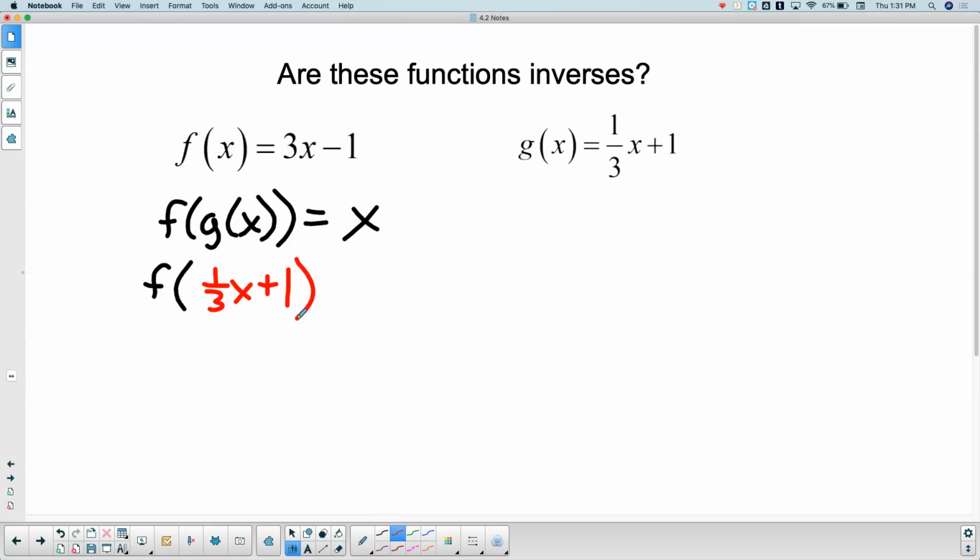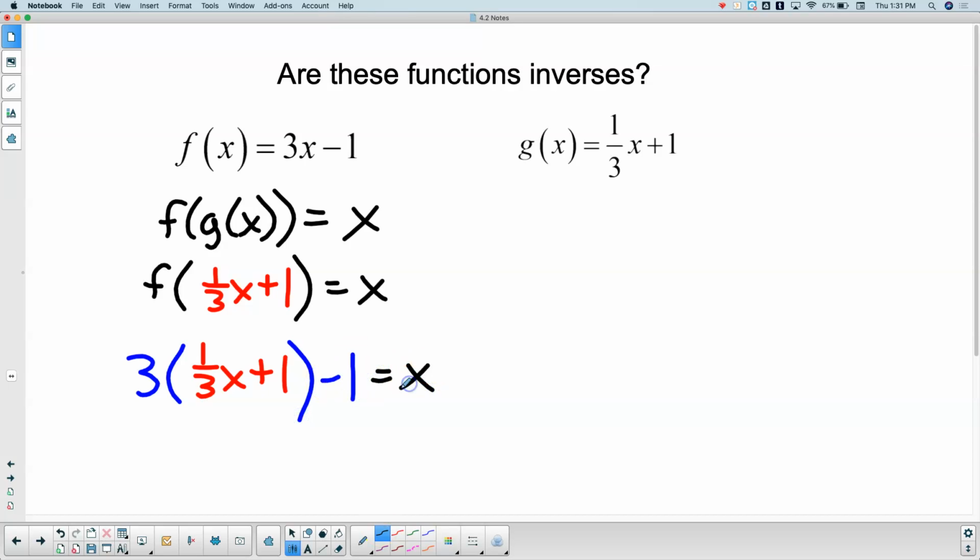That's got to be x. So then that's got to be 3 times 1/3 x plus 1, then minus 1. And that's got to equal x.